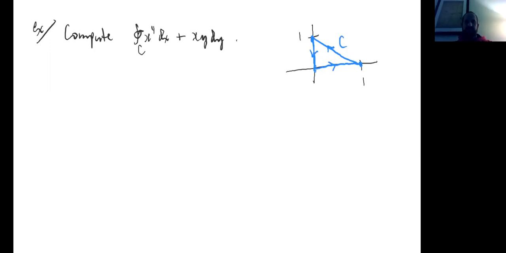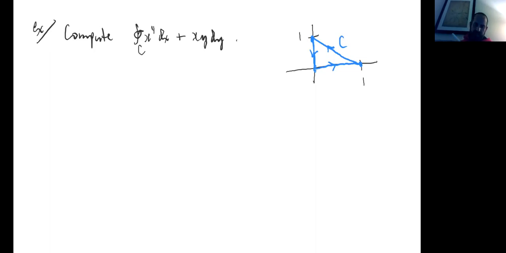Well, notice that if we were going to just do this the old-fashioned way, the way that we knew before, we would have to split this up into 3 separate integrals, one along each of those line segments, going up the y-axis, going over on the x-axis, and then along the diagonal. Those 3 separate things would have to be done.